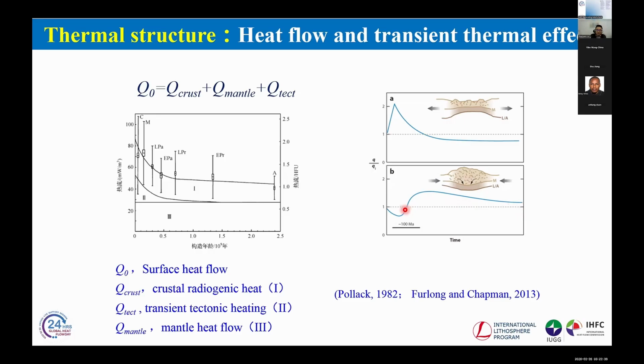So this is some kind of transient thermal effect. Usually we focus on the steady state condition of the lithosphere. But if we talk about really young geological events such as the Indo-Asia collision and also the rifting of the Baikal Basin, we should take into account the transient thermal effect.